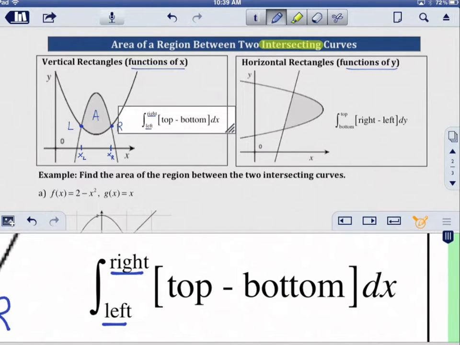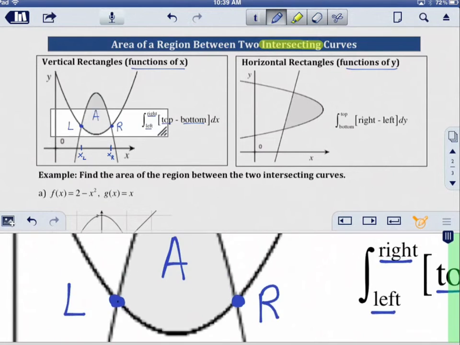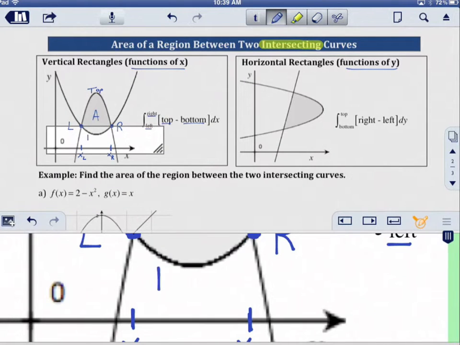Now, the next part is kind of what we were doing before. It's going to be the top function minus the bottom function. So here, this one would be considered our top function, and then this one would be considered the bottom function.